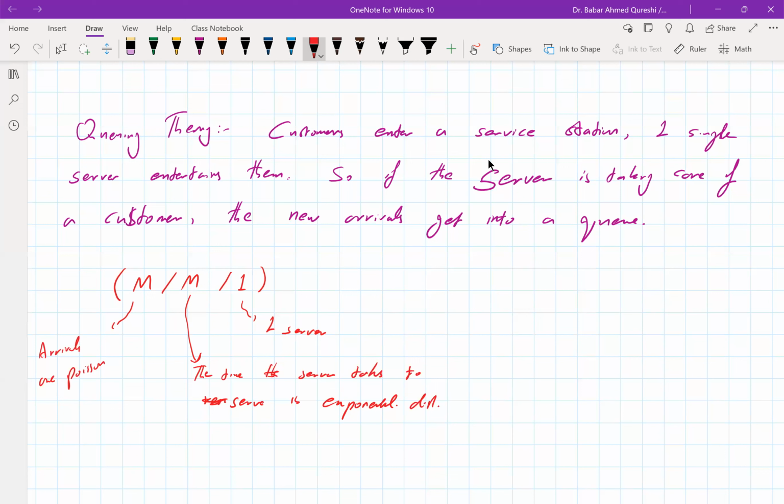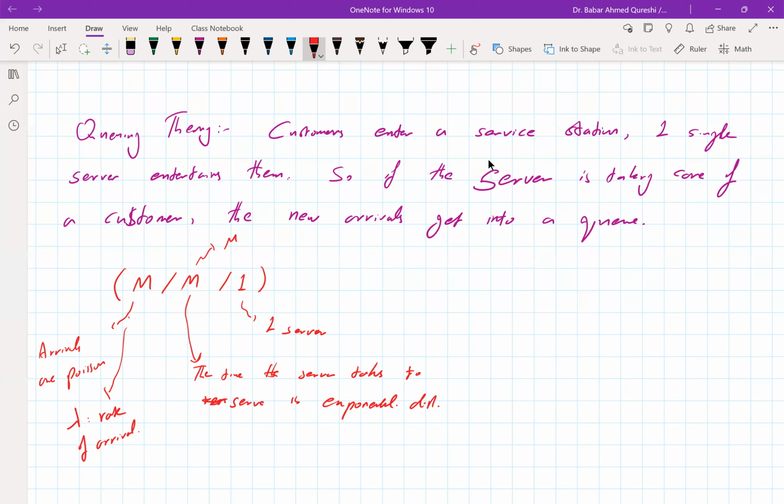So I have to give some rates. Let's say lambda is the rate of arrival. It's an exponential distribution. This is also a rate. Let's call it mu.